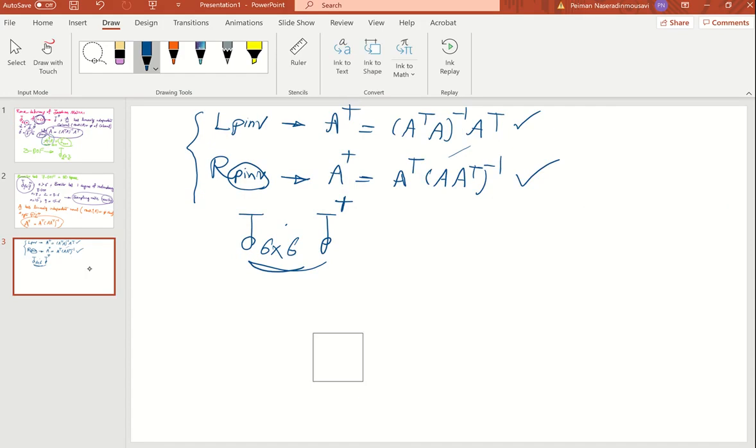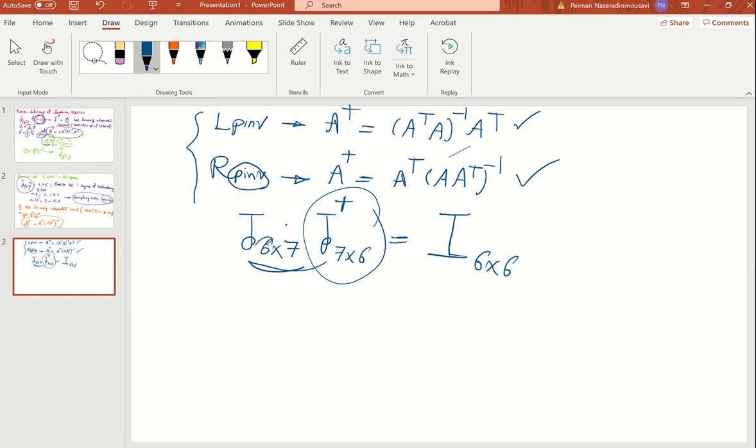This is 6 by 7, and this is going to be 7 by 6, as you saw. So the result must be the identity matrix, because this is a kind of inverse, right? 6 by 6. That's right. This is matrix rules.